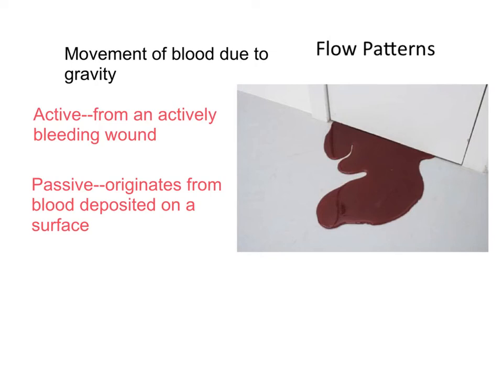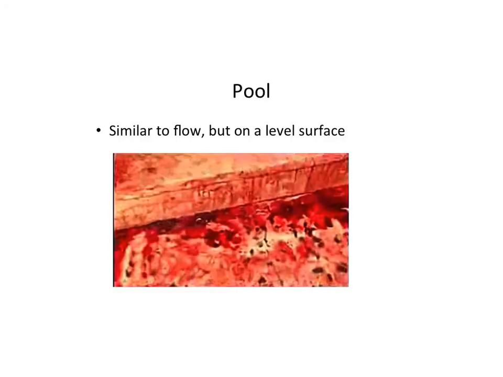Okay, this is really hard to tell, but this is a pool of blood. That looks like a curb or a sidewalk. So you could even say that this was passive flow here, but a pool is similar to flow, but it's on a level surface, so it's not really going to be going downhill, so to speak. It's just going to be collecting in a pool.